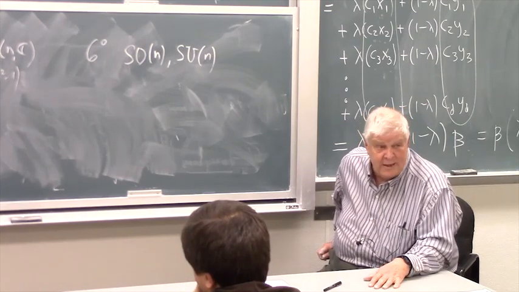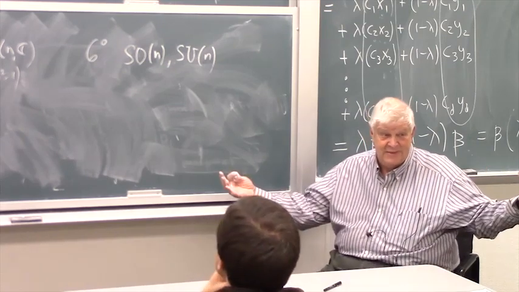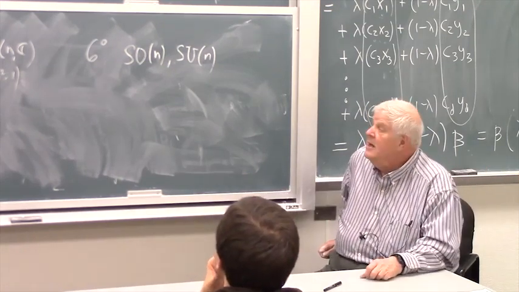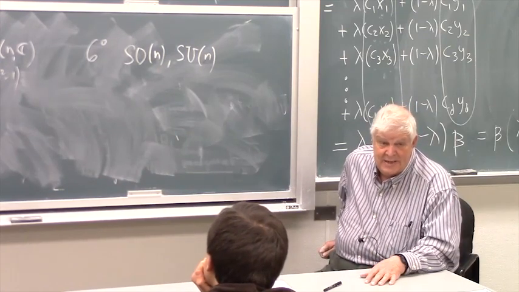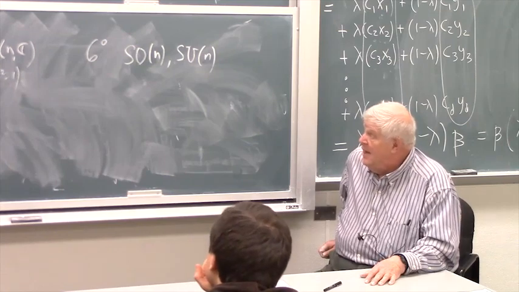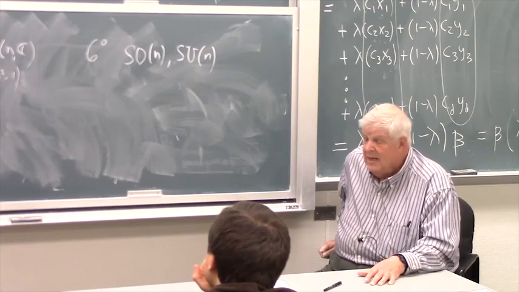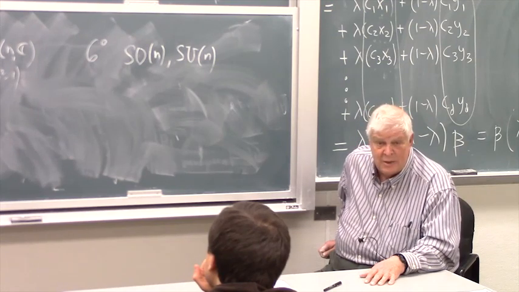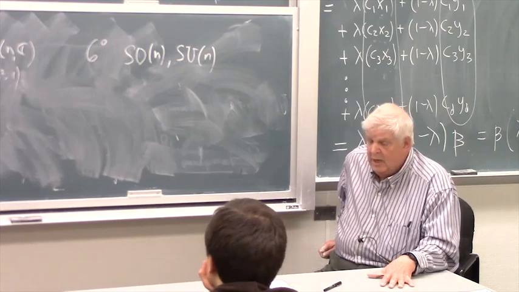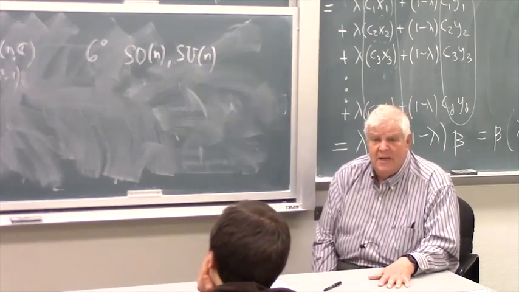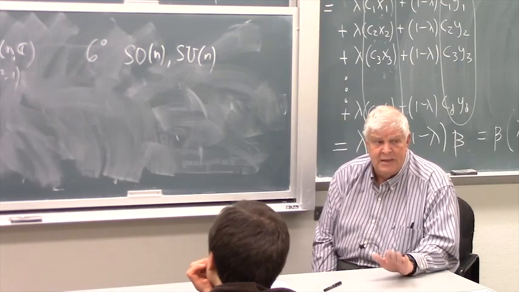And actually, O(n) as a manifold is disconnected. It consists of two components. SO(n) is the component which contains the identity matrix. SU(n) is the group of unitary matrices with determinant 1. If I forget to say this, what is the determinant of a unitary matrix?